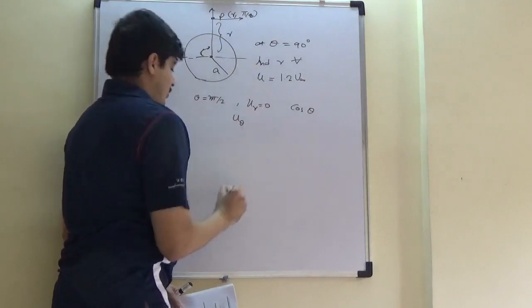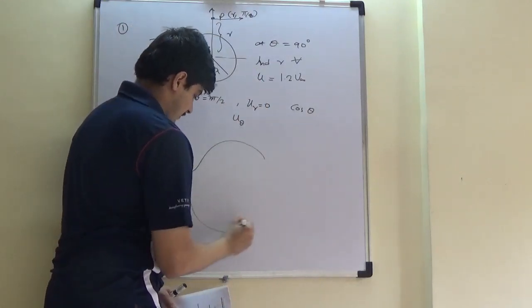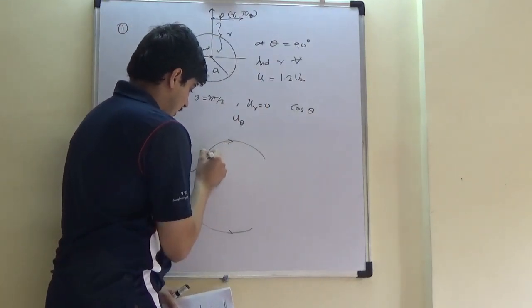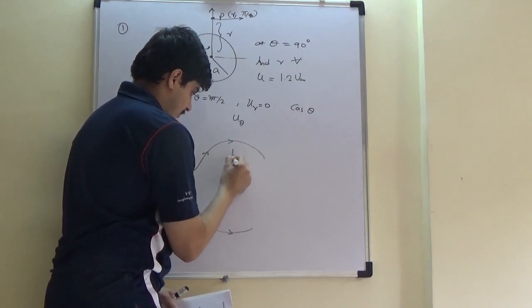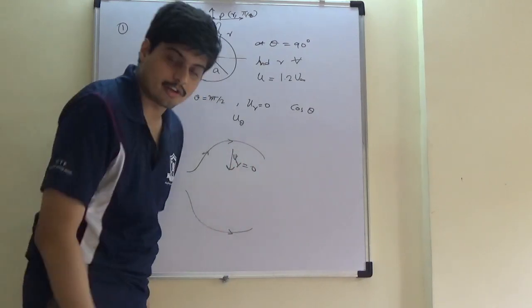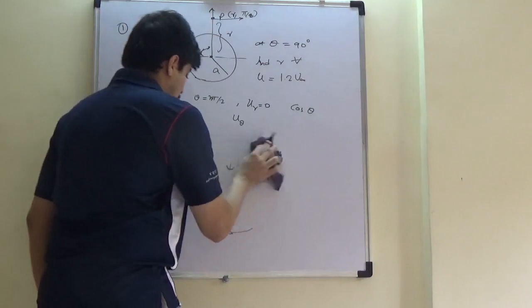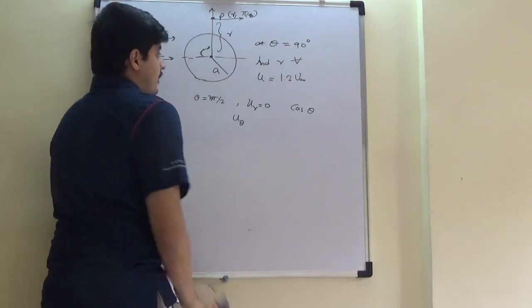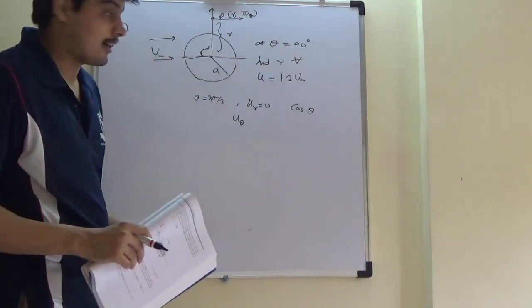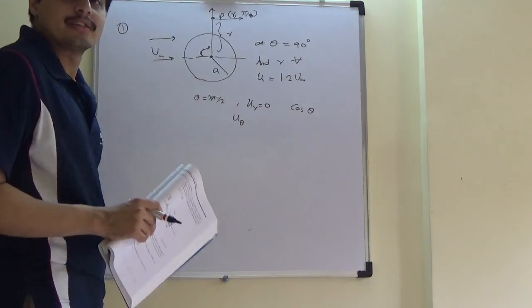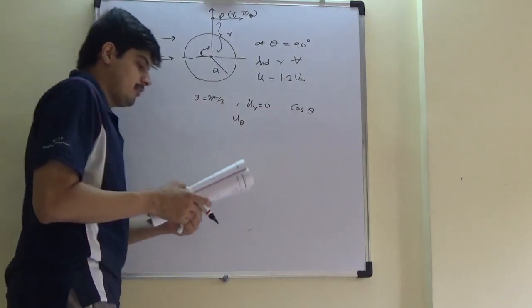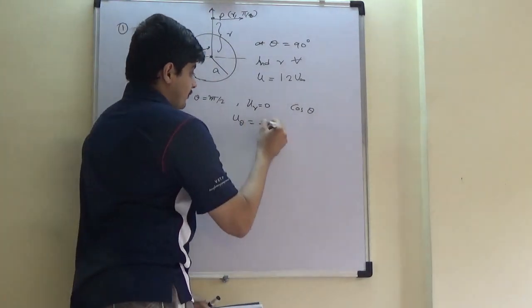If you see the flow patterns, there is no radial velocity because there is no source or sink flow, so there is no way the flow can enter inside, and there is no flow in this direction because of the symmetry. Now what is u theta?